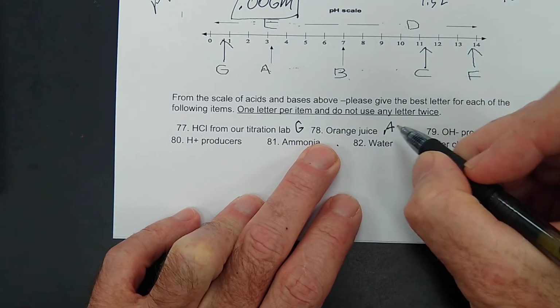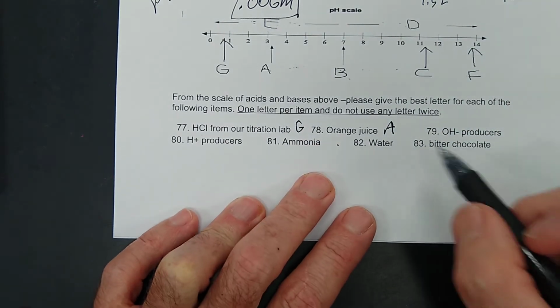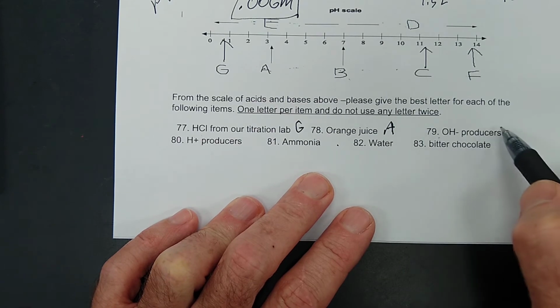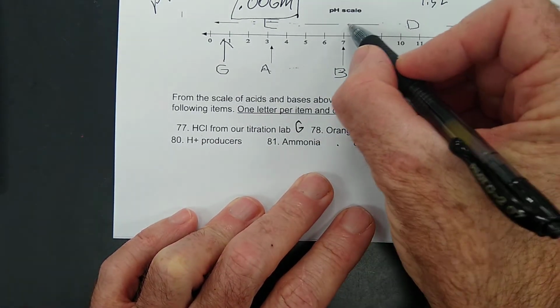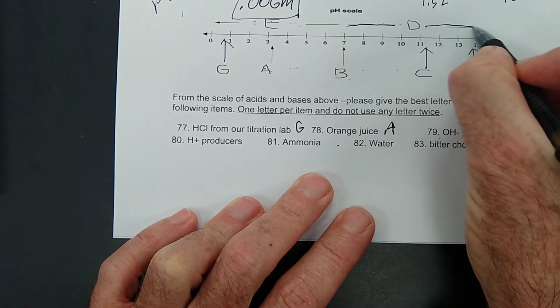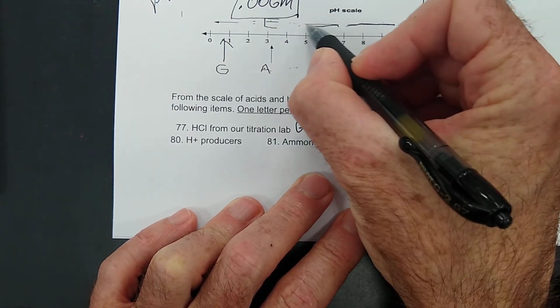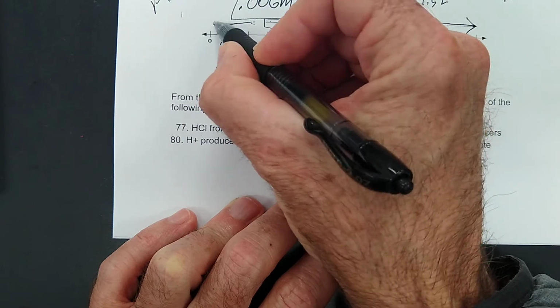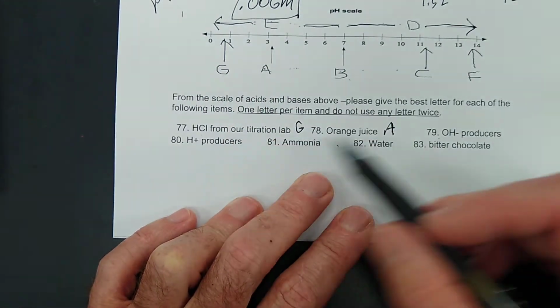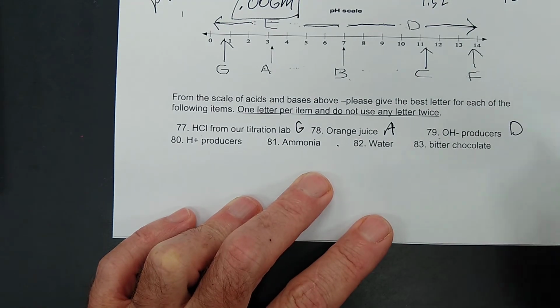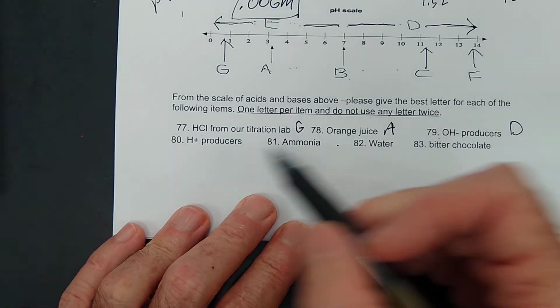That's reasonable. All of the OH producers, which letter up here do you think stands for that? This is an arrow going this way. This is an arrow going this way. I don't know if you can read that as well at home. So which letter do you think will be all of the OHs? That's right, D. That's all of the OHs.